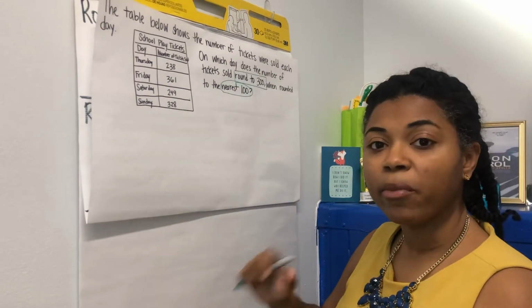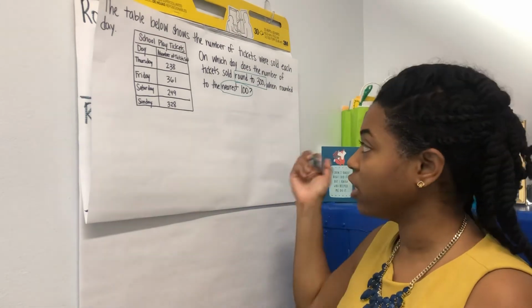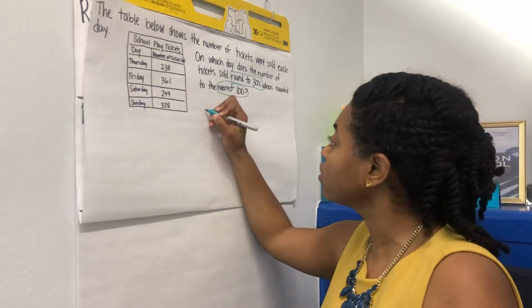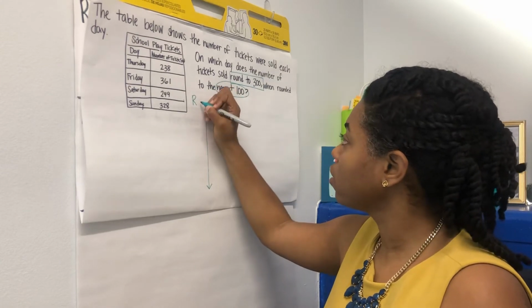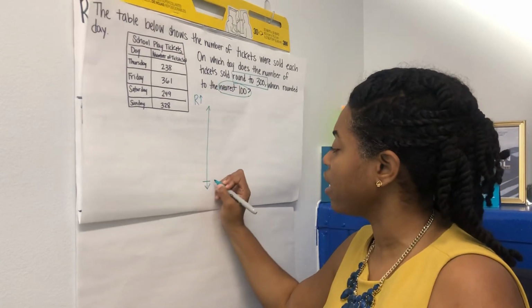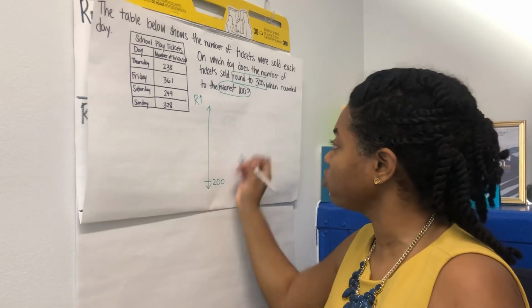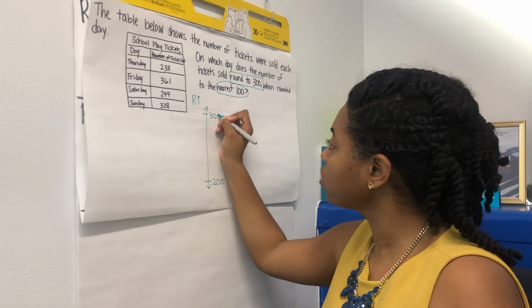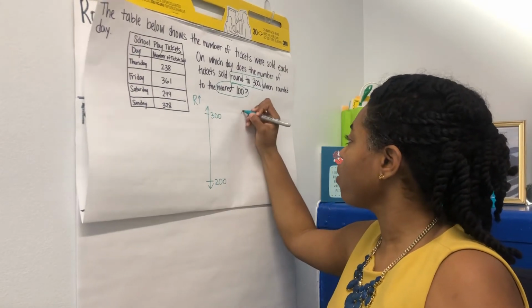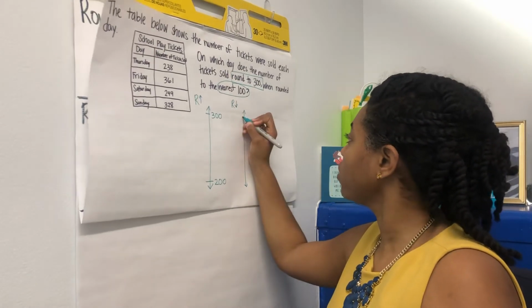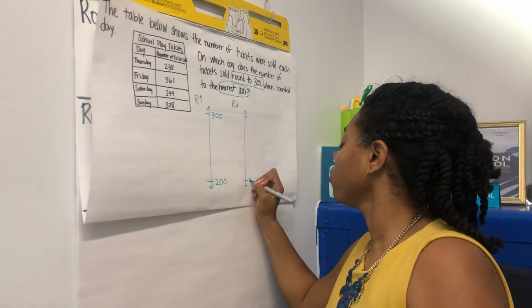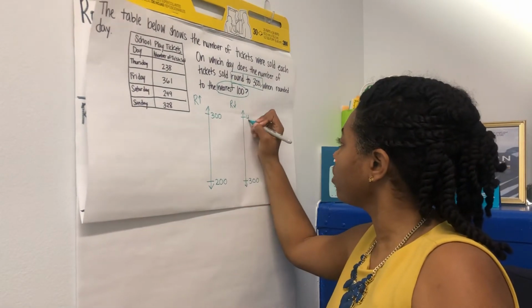Numbers can round up or down to a given number, so I'm going to use two number lines. The numbers that round up to 300 are between 200 and 300. The numbers that round down to 300 are between 300 and 400.